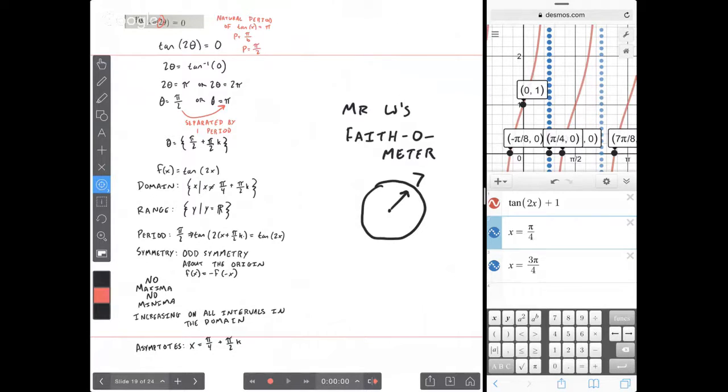Is that okay, Mary? Yeah, the period is always going to separate asymptotes. Totally. You're going to have one asymptote every period on the tangent or cotangent function. On the secant and cosecant functions, you're going to have two asymptotes every period.